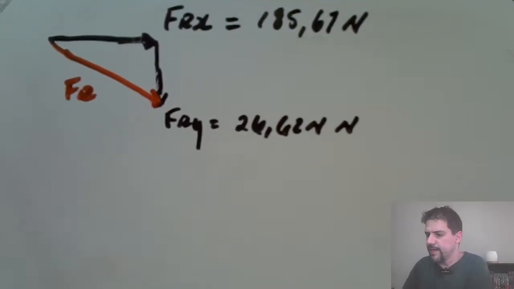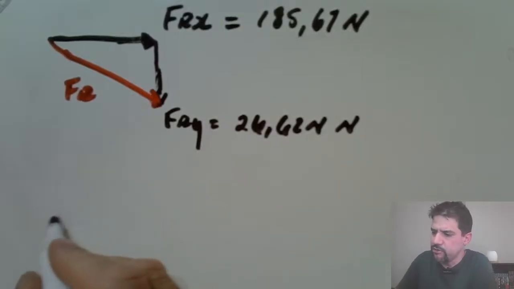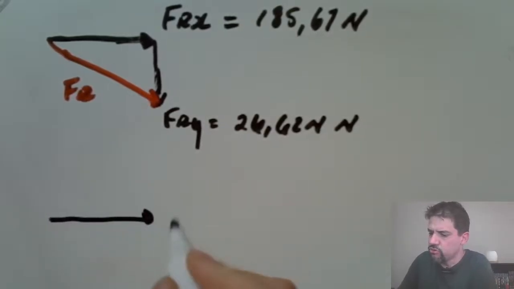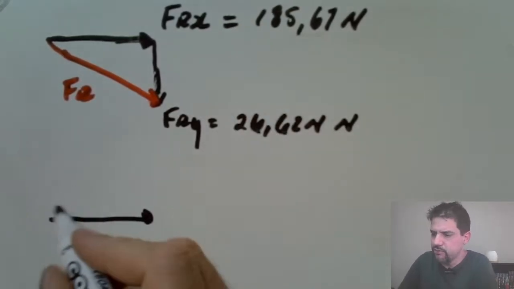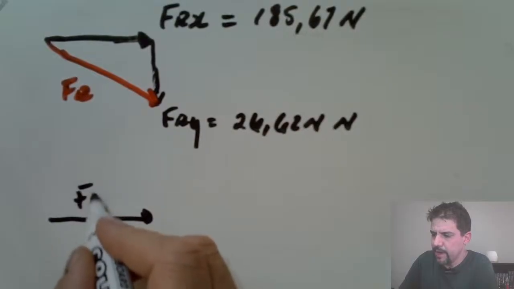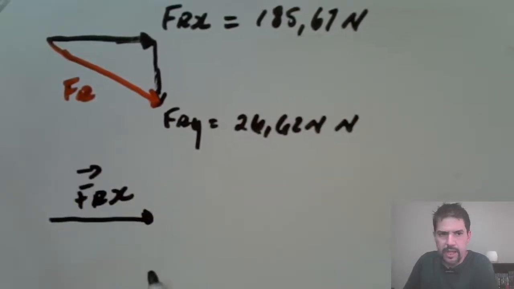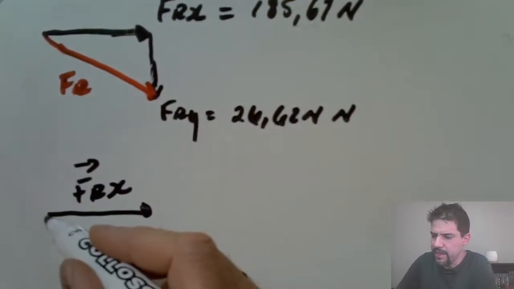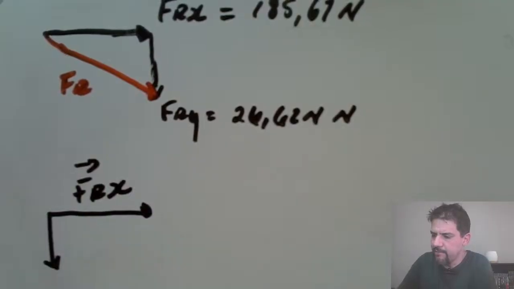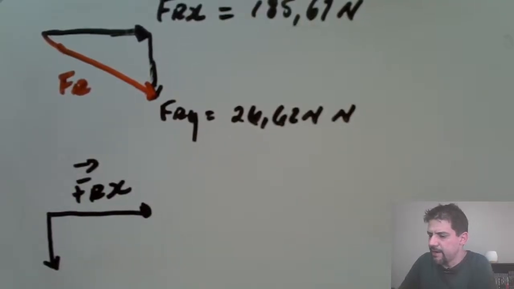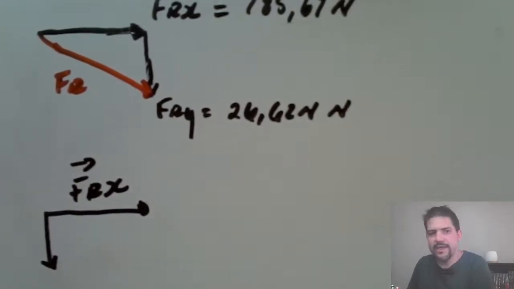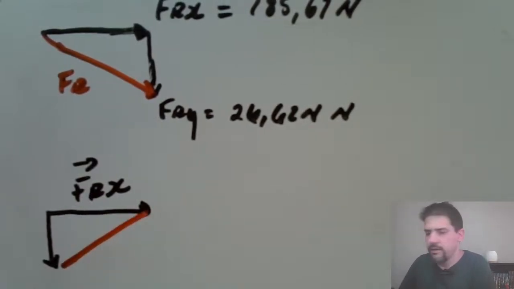Now, if you use the tail-to-tail method, it's fine. You have here F_R in x. I'm not going to write the numbers because they are here. This one is F_R in x. And then if you use tail-to-tail, here is where you draw F_R in y. Now, where the mistakes come with learners is that learners join these two heads. And this is wrong.